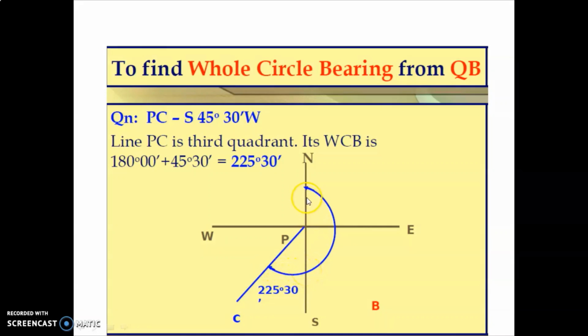And from north to south is 180. So to 180 you just add this 45 degree 30 minute. So what will be the answer? 180 plus 45 degree 30 minute west, your answer is 225 degree 30 minute.